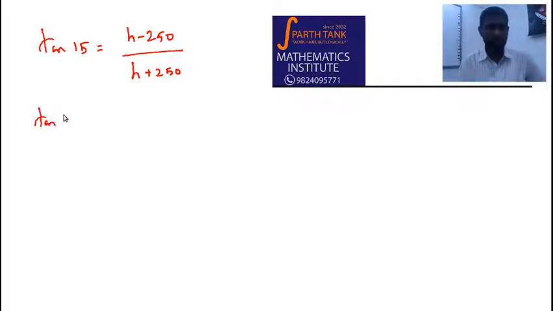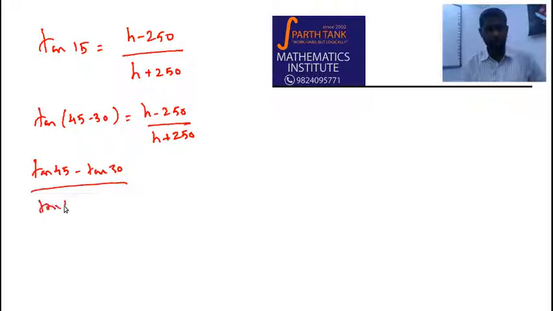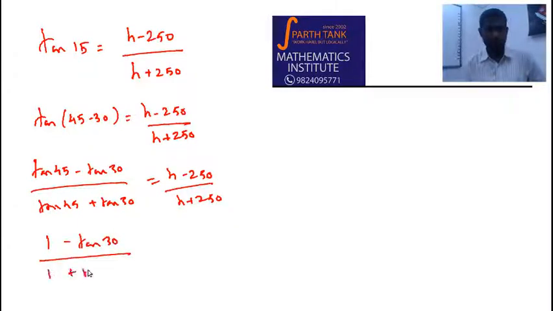Very simple: tan of 45 minus 30. Tan 45 minus 30 is tan 45 minus tan 30 by 1 plus tan 45 tan 30. Right? So if I substitute this, 1 minus tan 30 by 1 plus tan 30 is h minus 250 by h plus 250.